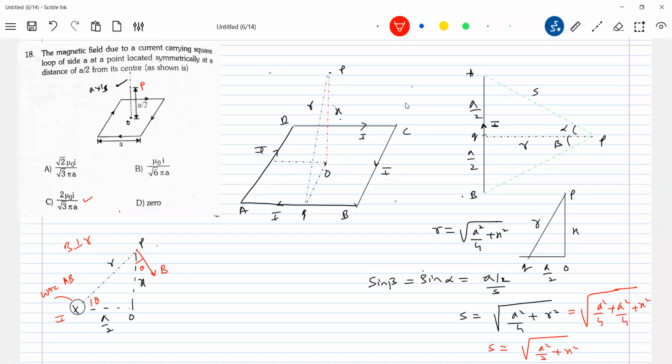I'll substitute that in the end, because all the A by 2s will cause confusion. That's why I just made that as X. So now you got the value of S. Substitute here, get sine alpha, sine beta. Then again in the formula, B equal to mu naught I by 4 pi R.